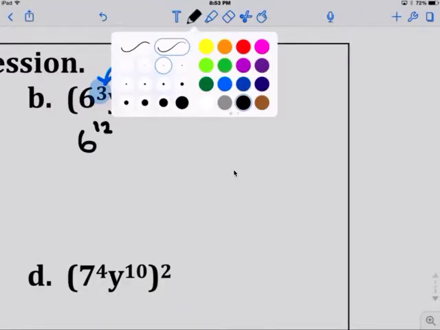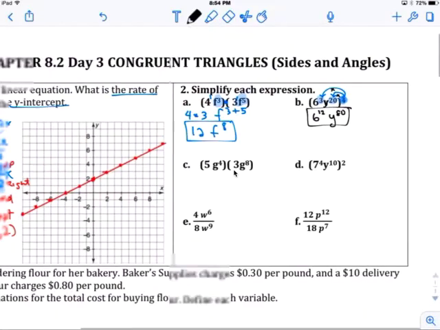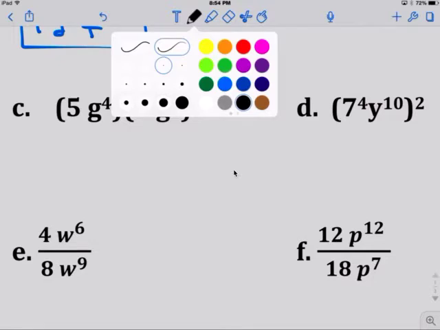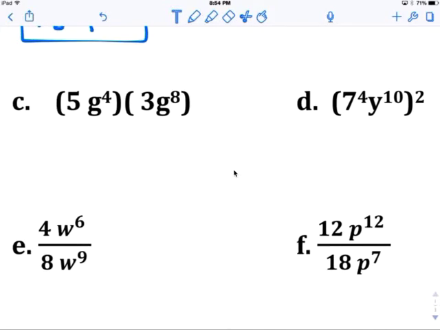Leave this base of y alone, and multiply the 20 times this 4, which is 80. That's your answer. Okay, and then here, we don't distribute because there's nothing on the outside to distribute, so it means times.